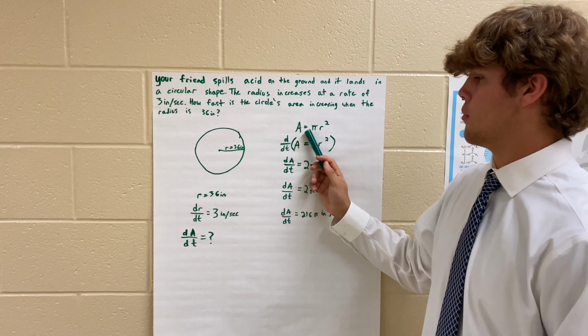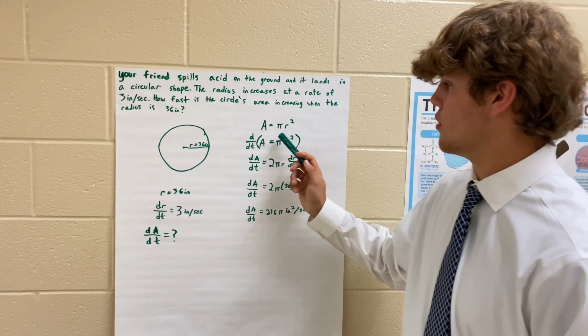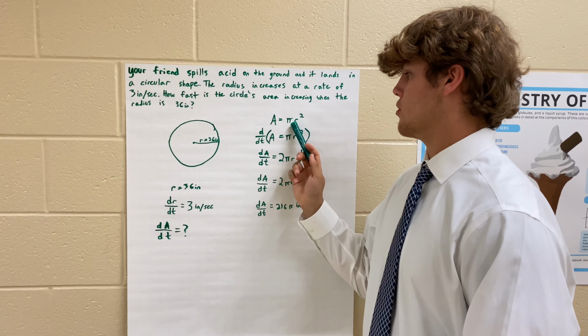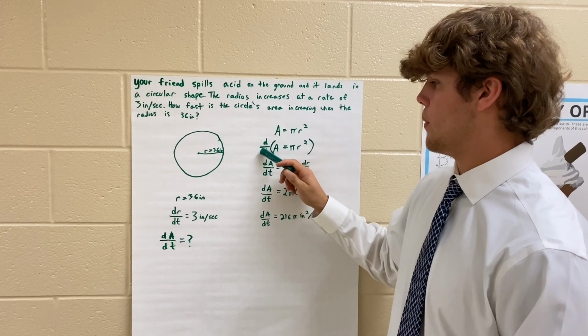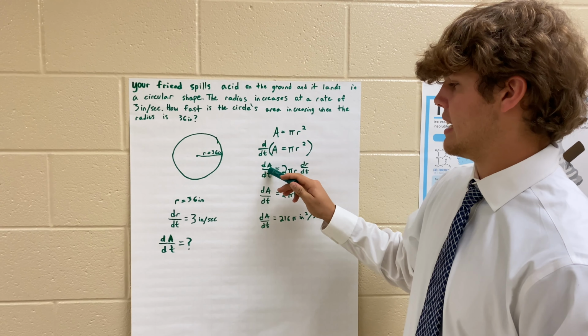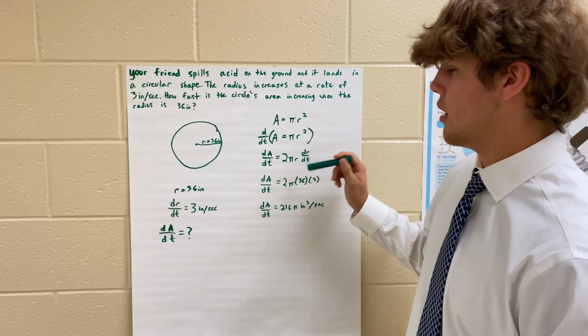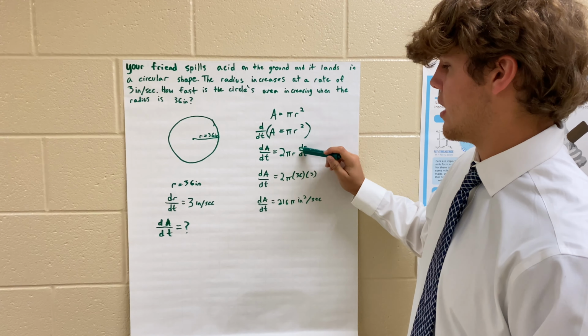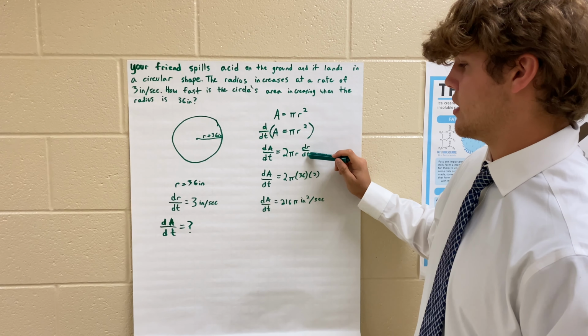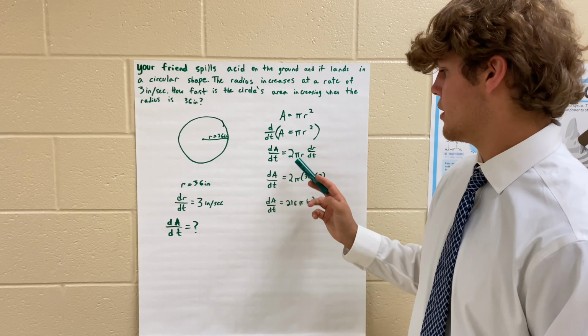Then we can bring out the equation for the area of a circle, which is A equals pi r squared. Then we can differentiate this using d over dt, which makes dA over dt equals 2 pi r times dr over dt. Then we can plug in the things we already have.